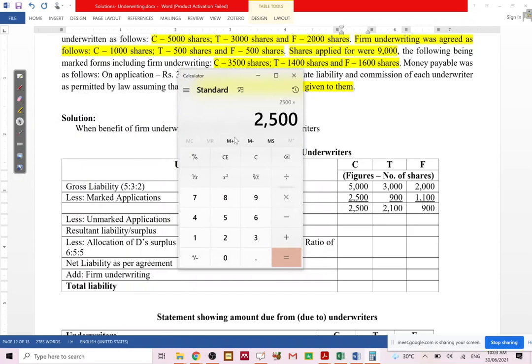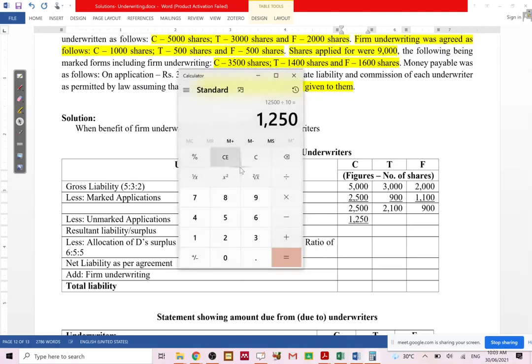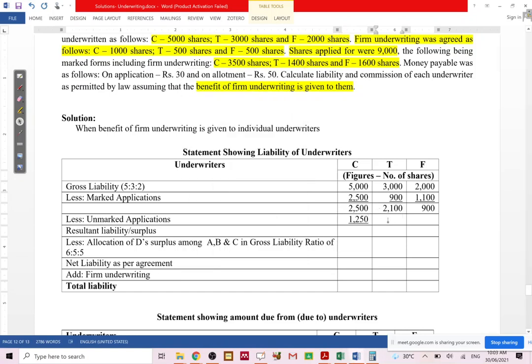First person's share is 5/10, so he gets 1250, right? Then for the second person, out of 2500 his share is 3/10, so he gets 750, and similar calculation for F, we get 500. Is this clear?